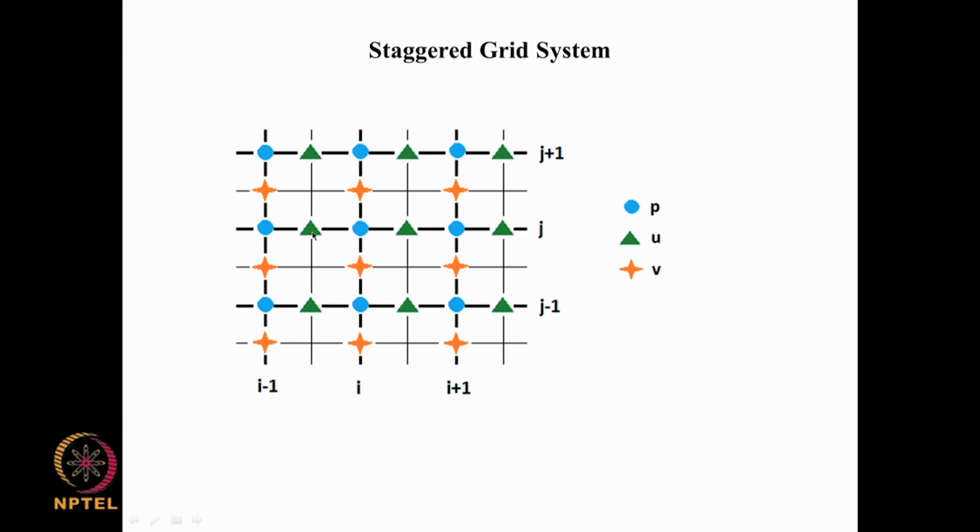so when you are looking at the x momentum equation, you are solving for u at this point and this point here. So, at this point you need to know what is dou p by dou x, and when you do that, then pressure at this point minus pressure at this point divided by this distance will give you the pressure gradient at the midpoint here.